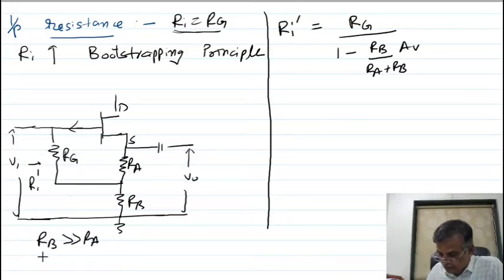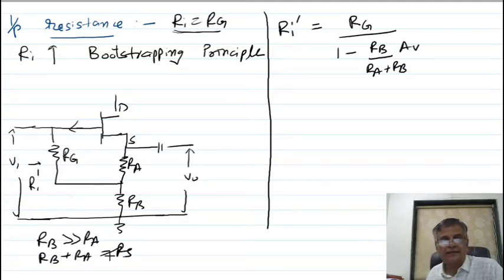In short, Rb plus Ra is nothing but the Rs, the source resistance, meaning a resistor connected in series at the source terminal. So the fraction of the output you give back to the input is called feedback. As you give the feedback, the input resistance increases, and the increased input resistance is given by this equation.